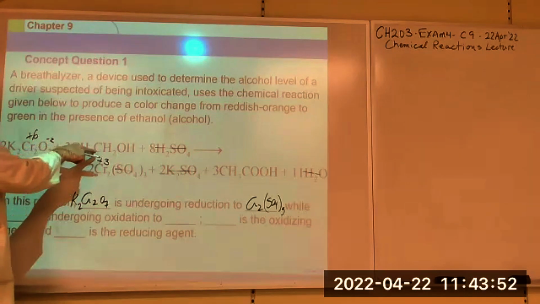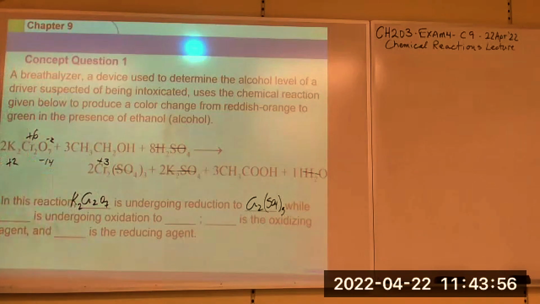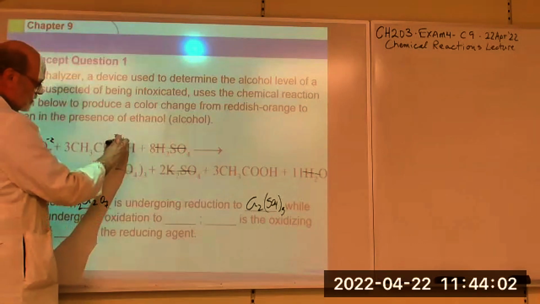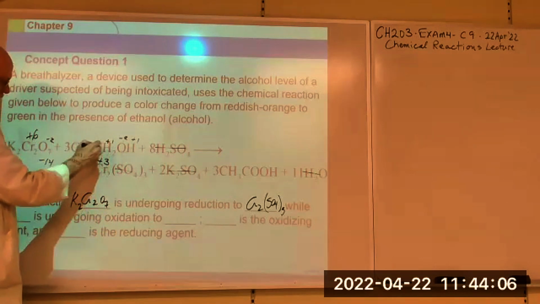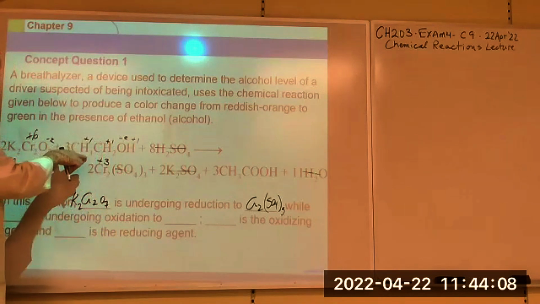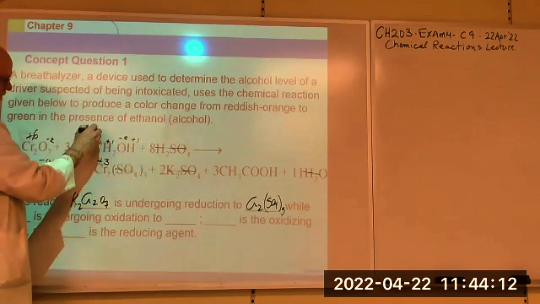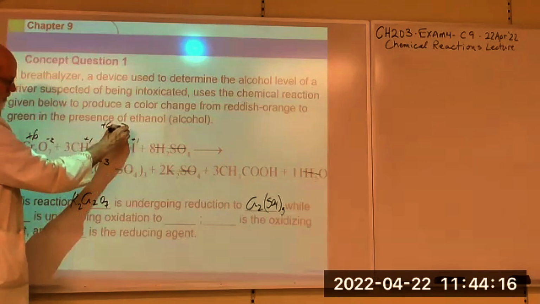All right, so this one's not easy. This one's -2 +1. Hydrogens are +1. So we got 3 pluses. 3, 4, 5, 6. +6 for the hydrogens. We got a -2 for the oxygen.